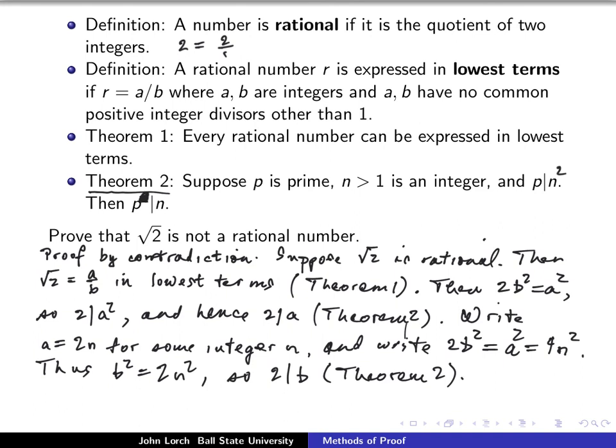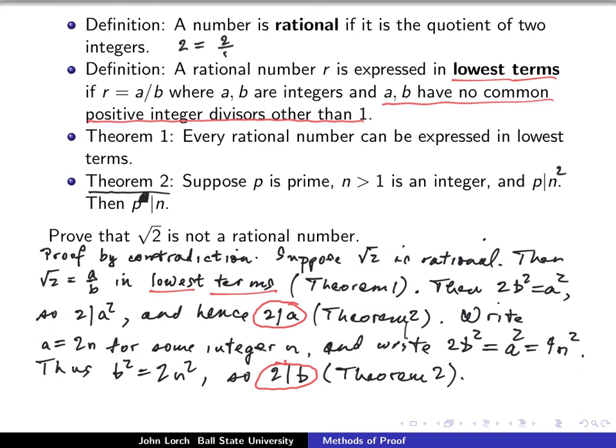Now, we have arrived at a contradiction, believe it or not. Observe that we were able to conclude, if root 2 is rational and we have written it in lowest terms, that 2 must be a divisor of a, and 2 must also be a divisor of b. But remember that we had written root 2, that is the quotient a over b, in lowest terms. And remember, lowest terms means that the integers a and b have no common positive integer divisors other than 1.